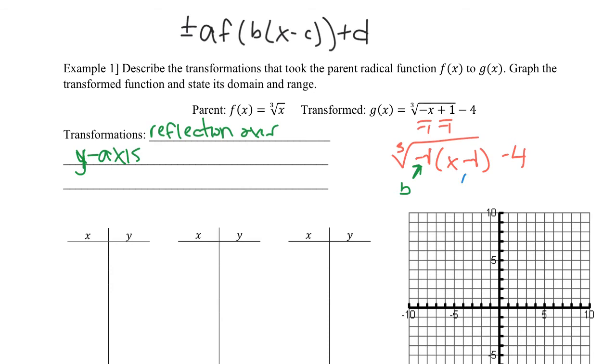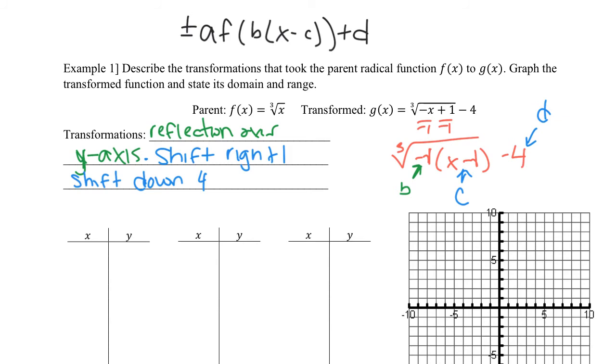I have a c because I have x minus 1 as my c value. So since it's minus 1, that means we're going to be shifted right 1. And then I also have a d parameter of a minus 4, which means I'm going to be shifted down 4. So there's the description of my transformation.